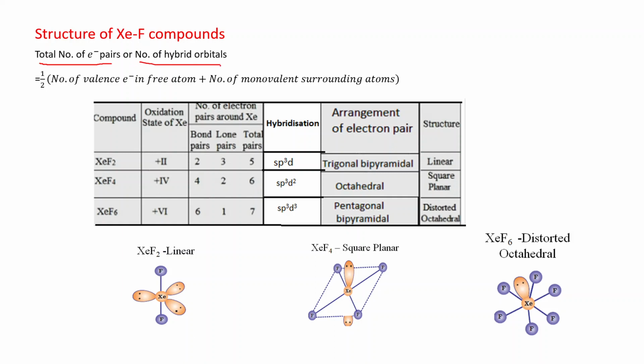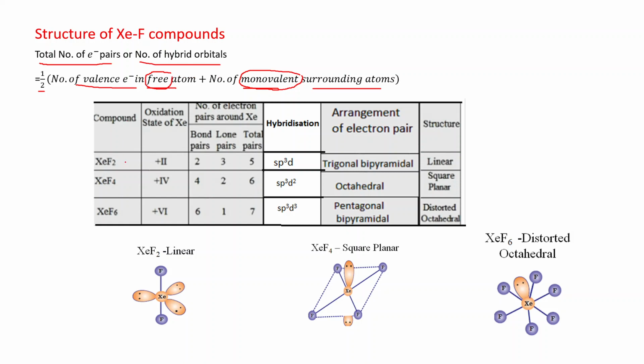This can be found using this formula: half of the number of valence electrons in the free atom plus the number of monovalent surrounding atoms. Monovalent means atoms having valency 1, and free atom means not in bonded form, in elemental form.